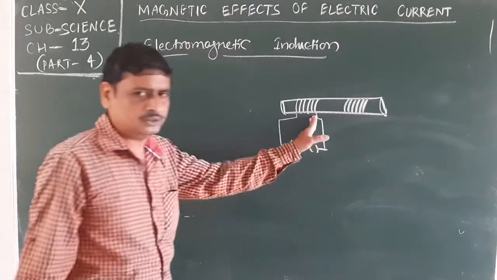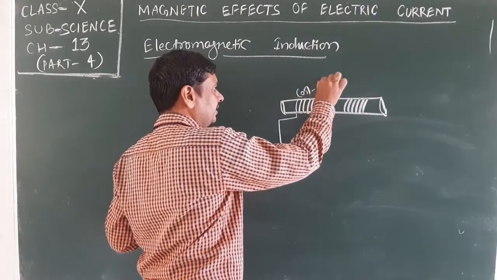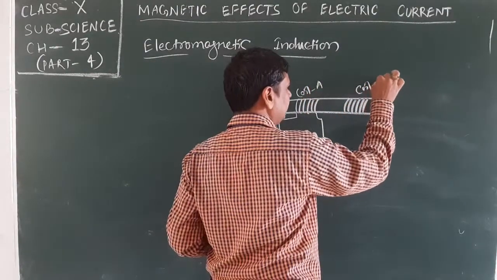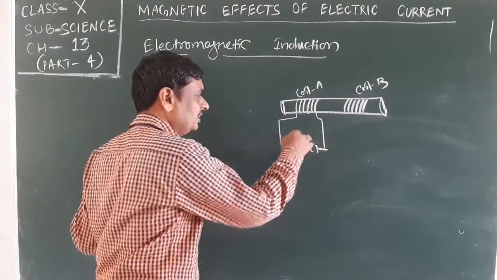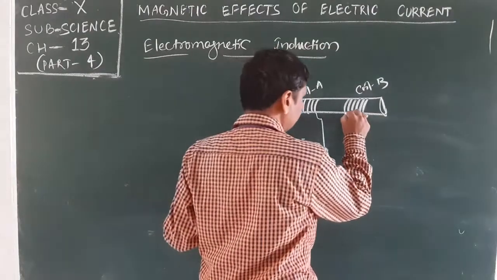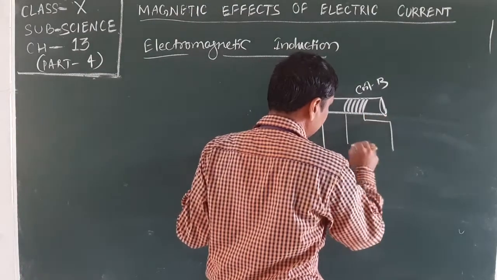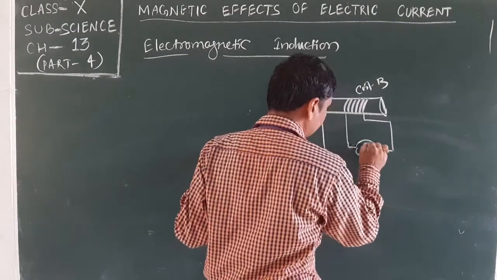This one is coil A, and this one is coil B. Coil A is connected with a source of electricity or a battery, and the ends of coil B are connected with a galvanometer.